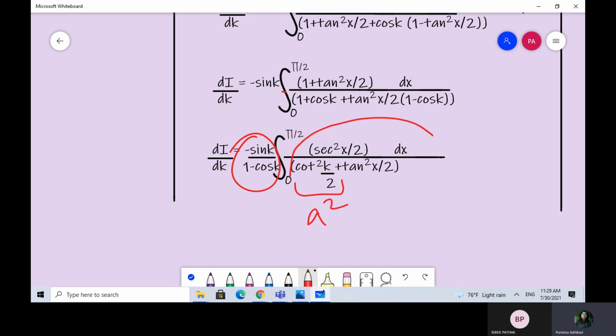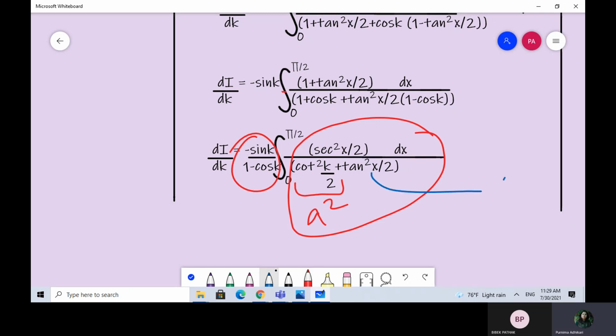So isn't this a standard integral? How will you integrate this?